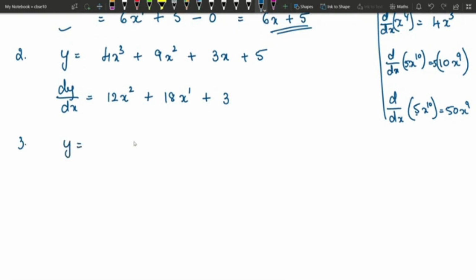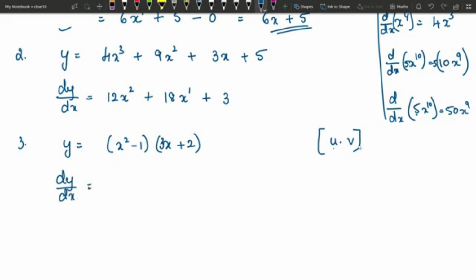Suppose you have y is equal to (x square minus 1) into (3x plus 2). Here we have it in the form of a product, u into v, right? So what is the derivative dy by dx here?